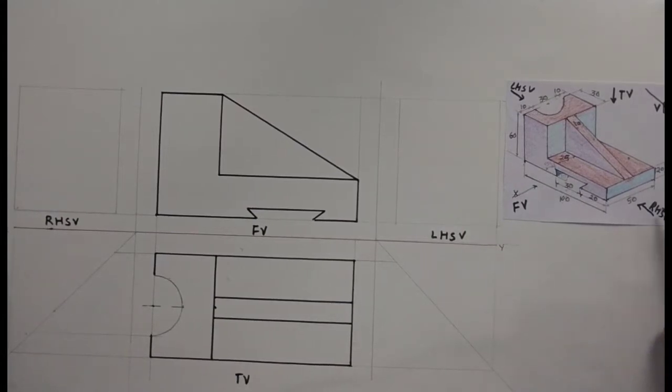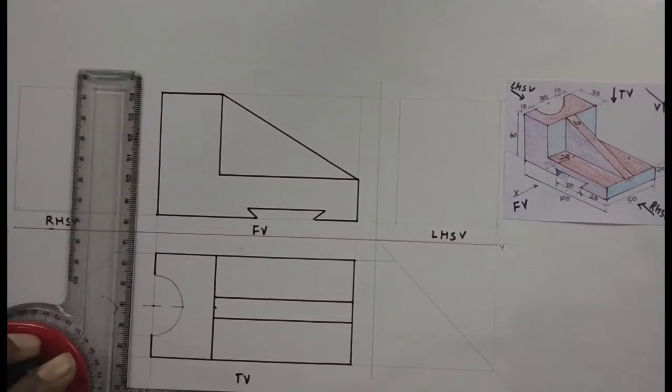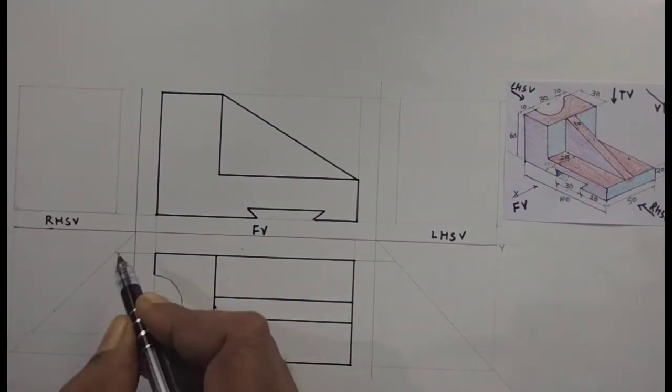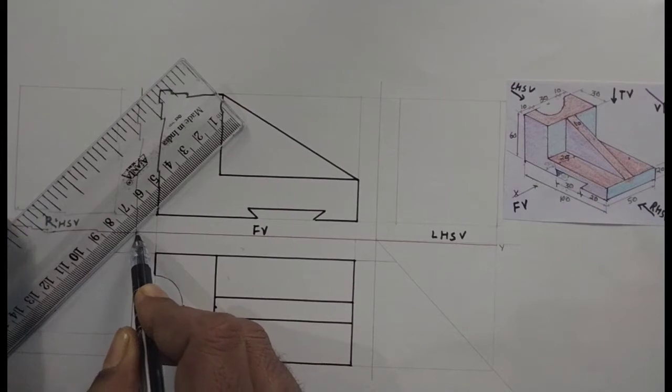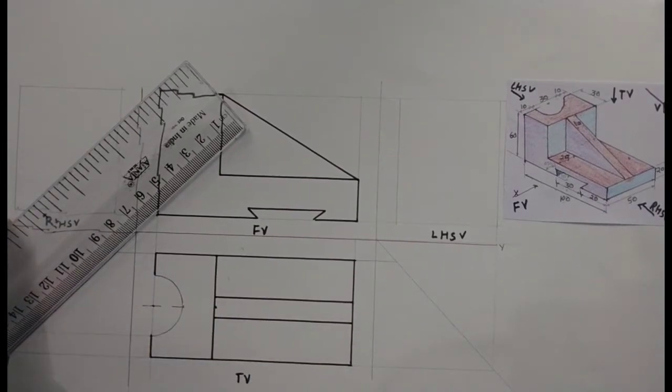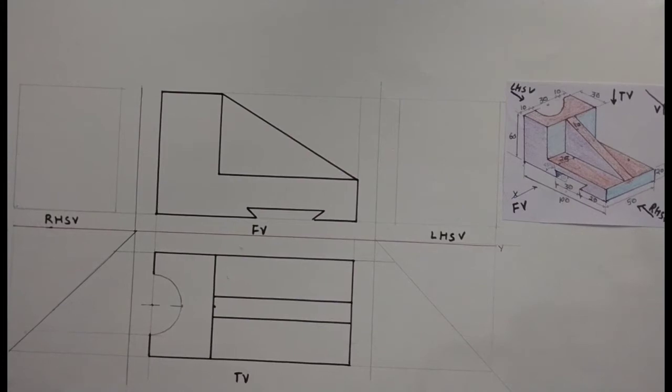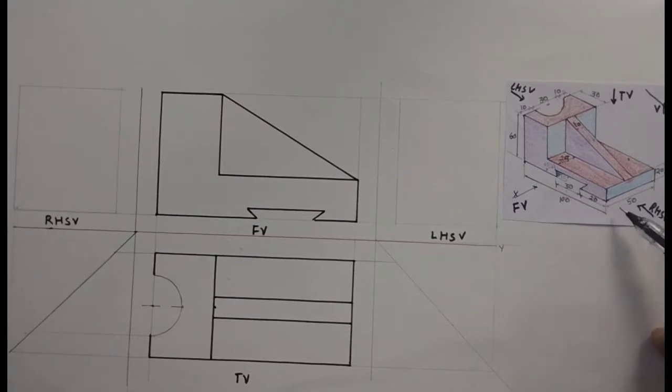So for the right hand side view, first we draw our x1, y1 line. And from this corner, we draw the 45-degree inclination line. Now in your side view, you have the width of the object 50 mm and height of the object 60 mm.